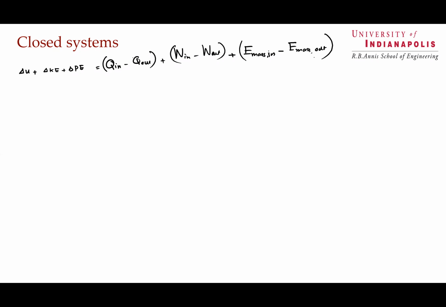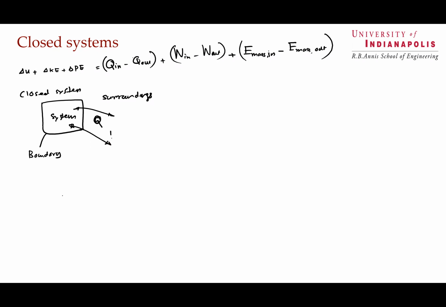For a closed system, the system and surroundings are separated by the system boundary, and it can interact with the surroundings by exchanging heat, exchanging work, transferring in and out work and heat, but it doesn't allow mass energy exchange.